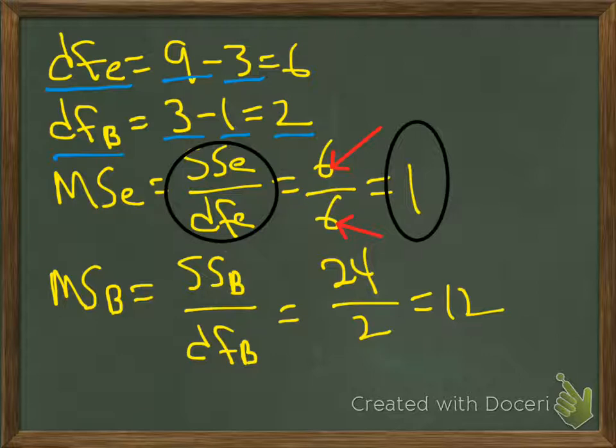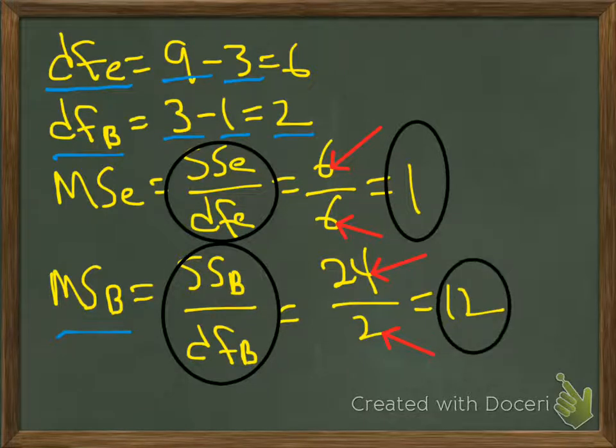The MSB is going to be the sum of squares between groups divided by the degrees of freedom between groups. So that's this right here. Sum of squares between groups was 24. Degrees of freedom between groups was 2. And 24 divided by 2 is 12.